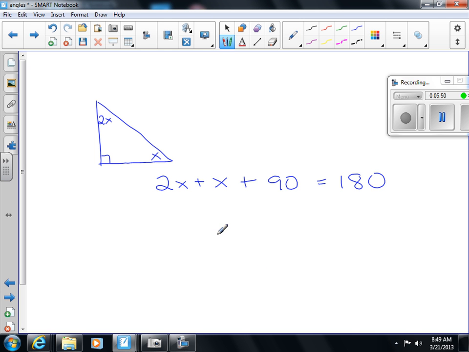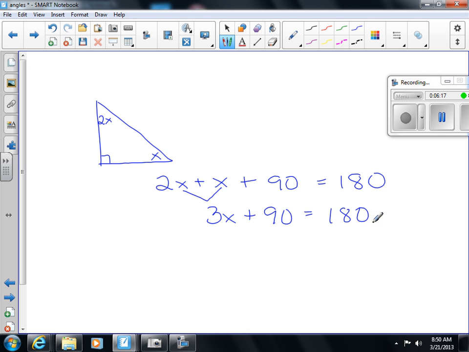The first step is to do what with my x terms? Not yet, I can't divide by 2 yet. This is 2 apples plus another apple, and that's called combining like terms. They're both on the same side of the equal sign, so all I have to do is combine them. I have 3x plus 90 equals 180.